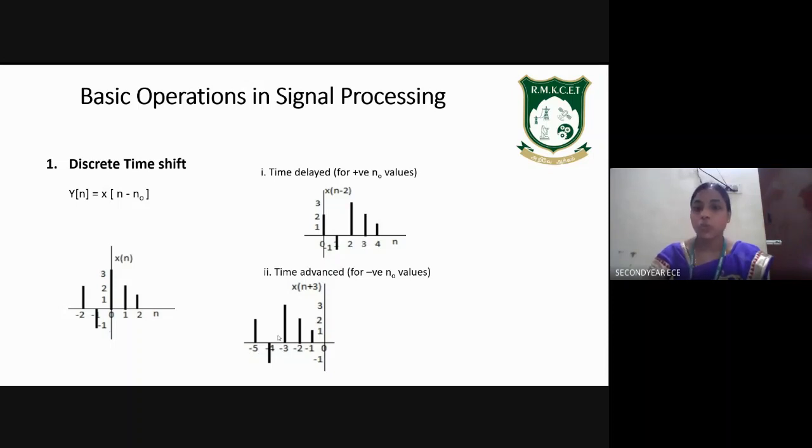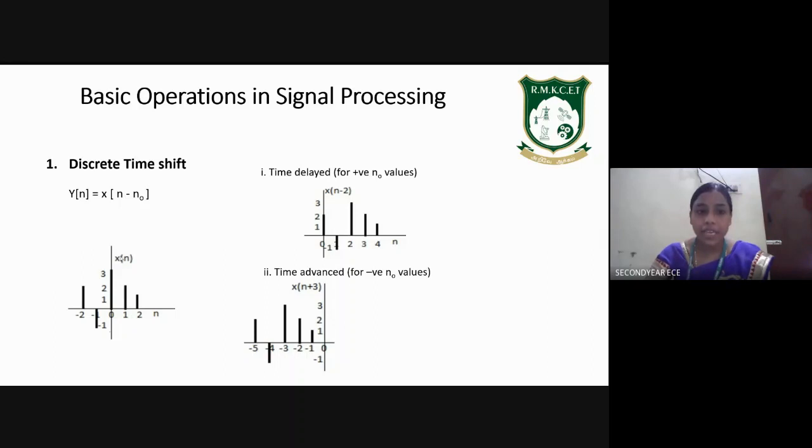If we do x of n plus 3, if we add plus 3 to the independent variable, the same graph will be plotted like this. It will shift towards negative values of n. Already we have the original signal from minus 2, minus 1, 0, 1, 2.